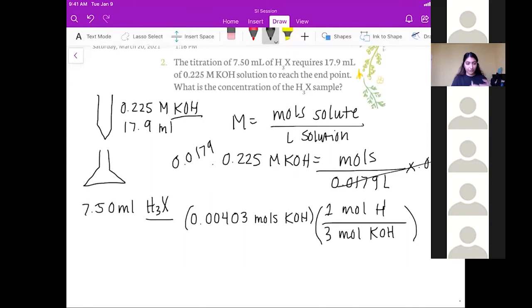So to make 1 of the acid, you need 3 KOHs. Does that make sense for everyone? That's why we have 3 moles KOH and 1 mole of H3X. Good. Then that would just cancel out the moles of KOH and we're left with moles of H3X.